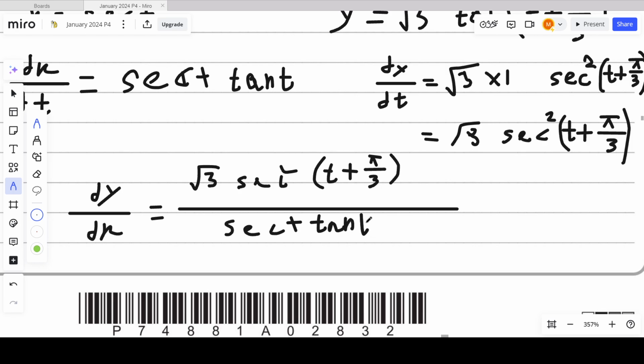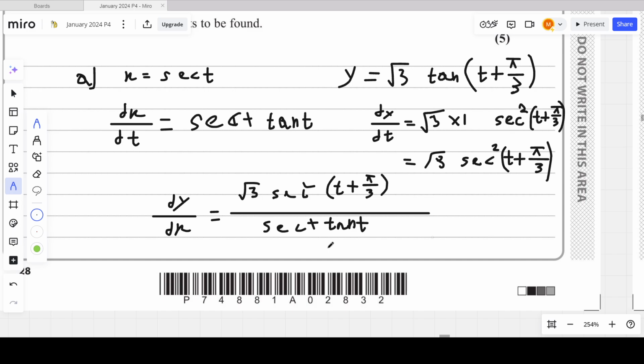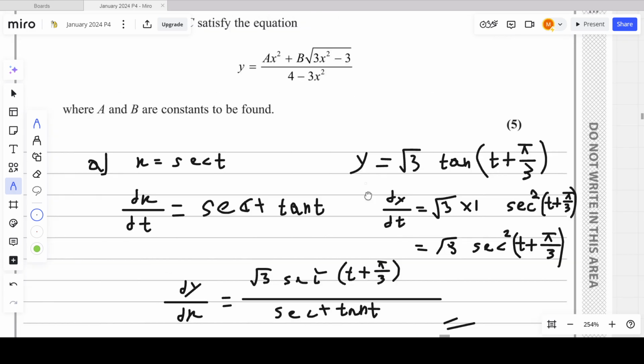That's it, we got the derivative of the parametric curve C in terms of t. That's the answer. For 3 marks, you don't need to simplify it any more.